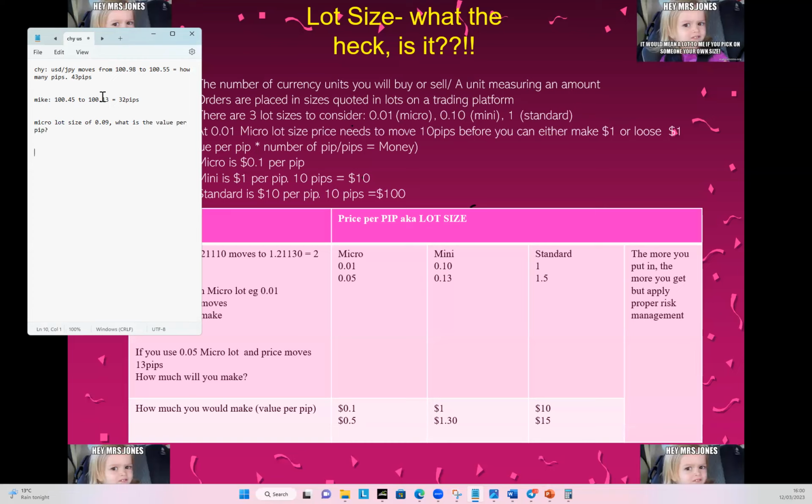You can just say it yourself or put it in the chat box whilst you're working it out. She is using a mini lot size of 0.16. Value per pip.